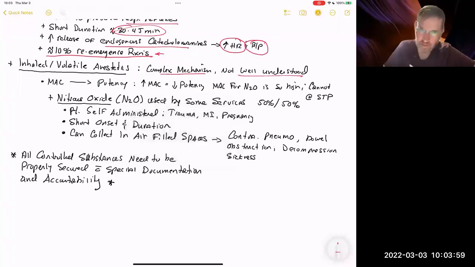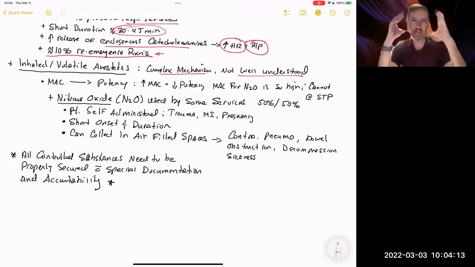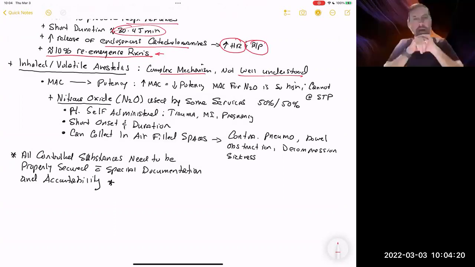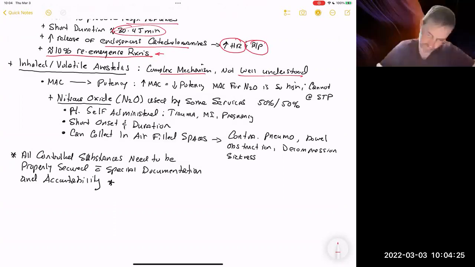It probably involves multiple receptors, to include GABA receptors, and it may even be due to these molecules passing through the membrane of the neurons, pushing proteins out of the way and disrupting the membrane a bit. So that may be part of it as well. We do know the more lipophilic these inhaled anesthetics are, the more they tend to have increased potency.